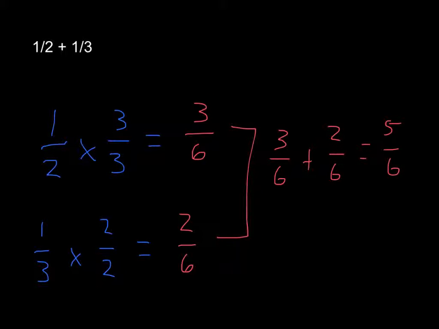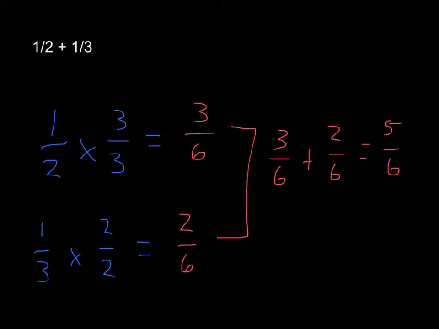1/2 plus 1/3. When I solved it, I did 1/2 times 3 over 3, which is 3/3, which is 3/6. 1/3 times 2/2 is 2/6, because I looked at it and said 2 and 3 both go into 6. So now I have 3/6 plus 2/6 equals 5/6.